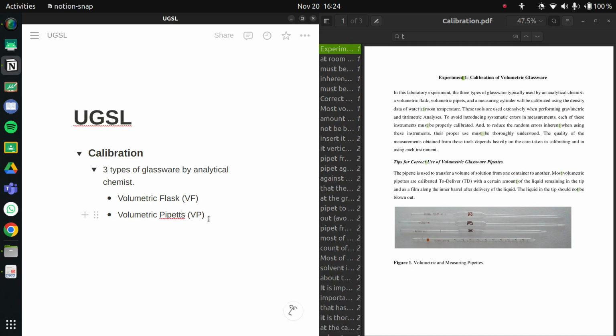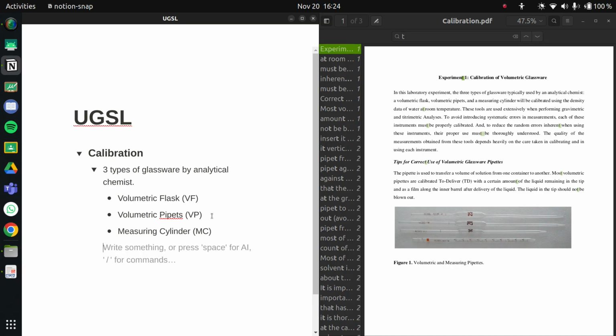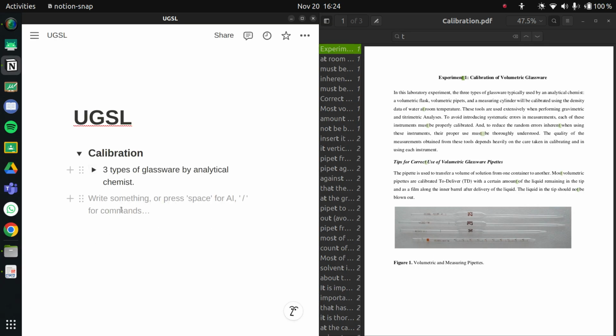Pipettes. Yeah, we don't know. Anyway, so volumetric pipettes, then a measuring cylinder. So these are the 3 types of glassware. These tools are used essentially when performing gravimetric and volumetric analysis.